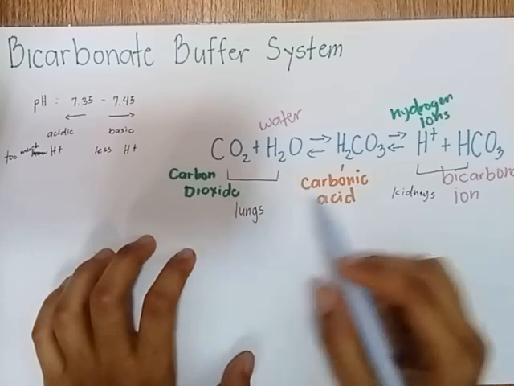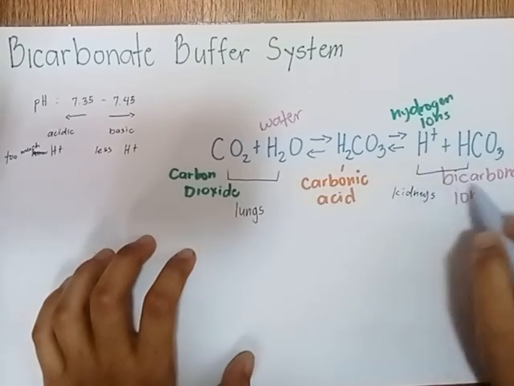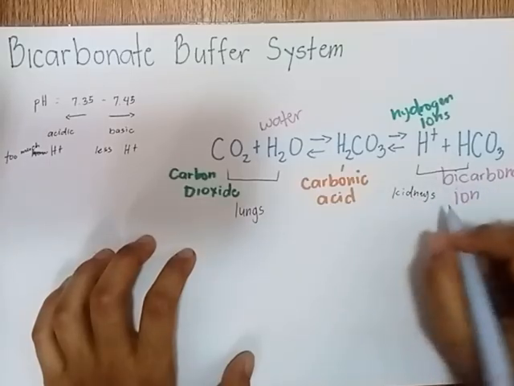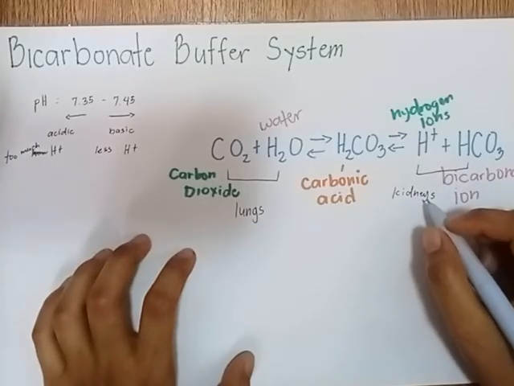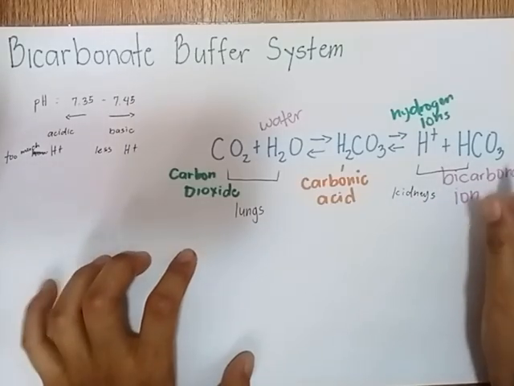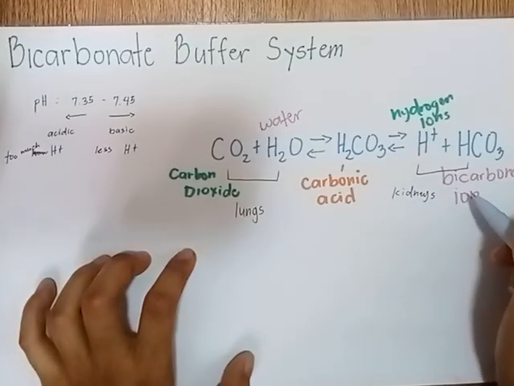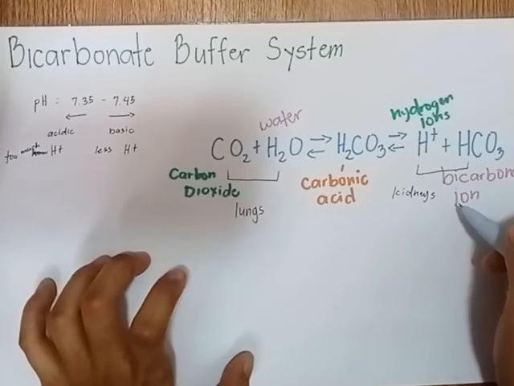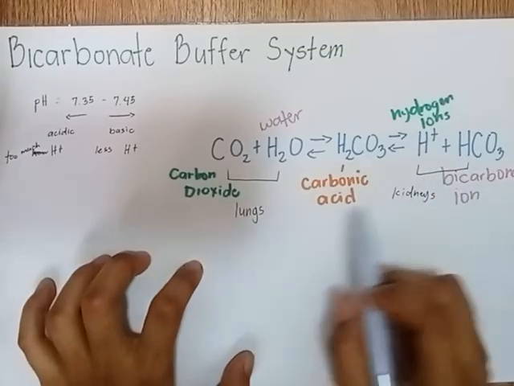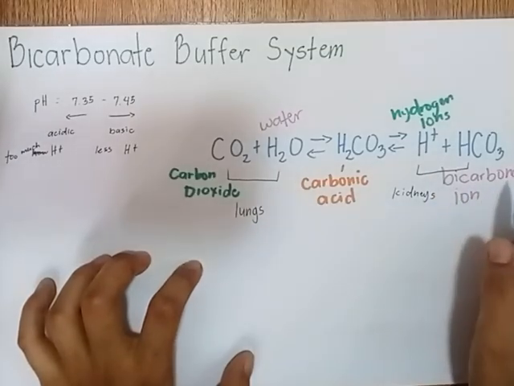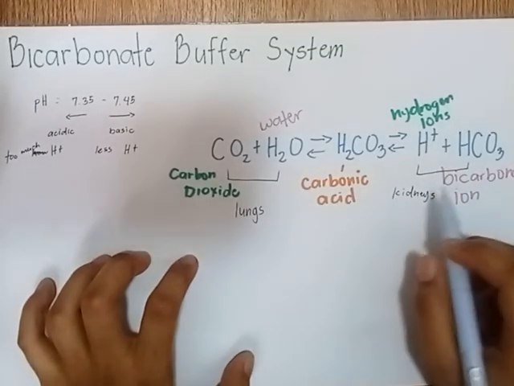And if there's a problem in this part, then maybe the problem is metabolic, or metabolic caused. So this is really important for us to know and determine, and this is going to be the basis of respiratory and metabolic acidosis or alkalosis.